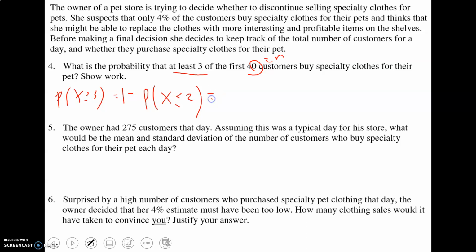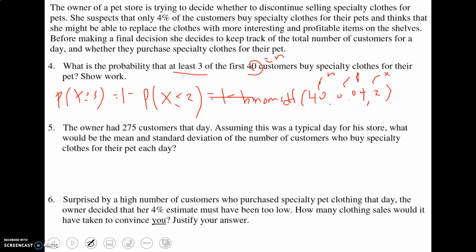So then it's 1 minus, you can do binom CDF, 40, 0.04, and 2. Because this is n, this is p, this is x. Like I said, you want to specify what you're doing.